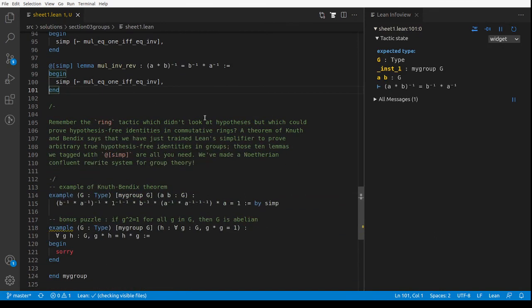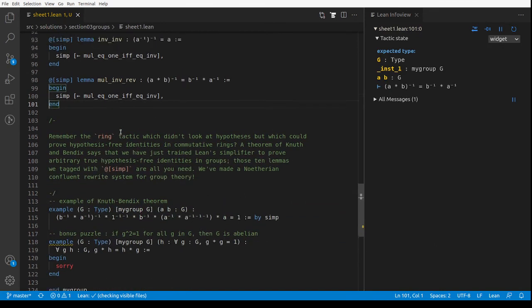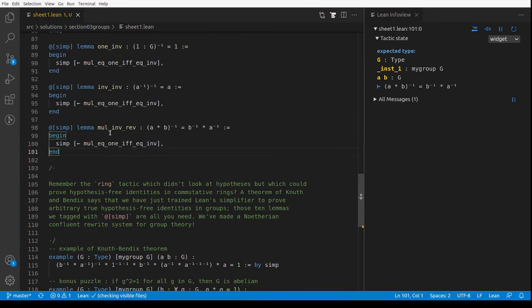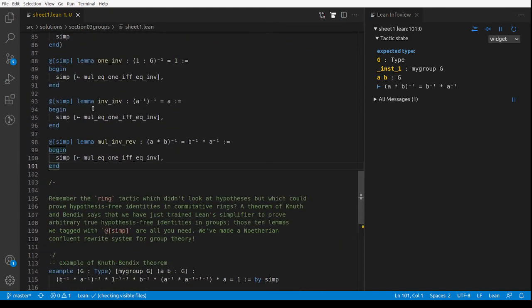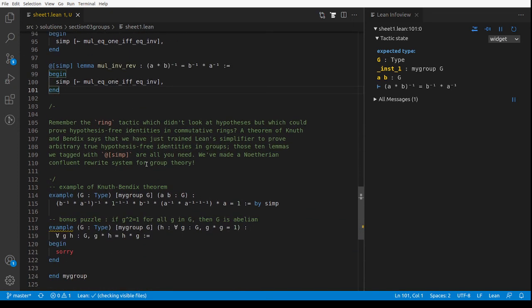And now the reason that we've chosen precisely these lemmas for the simplifier is that a theorem of Knuth and Bendix says that if you train a rewrite system on these 10, the 5 axioms and then these 5 lemmas, then it becomes confluent, and it also solves the word problem for free groups.